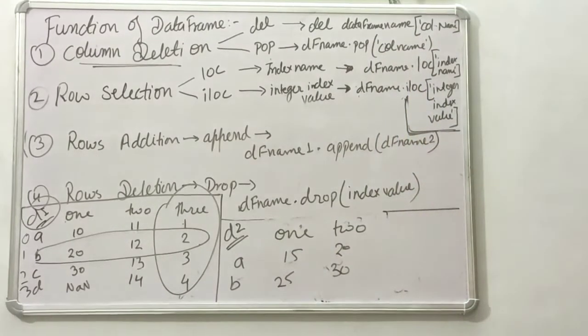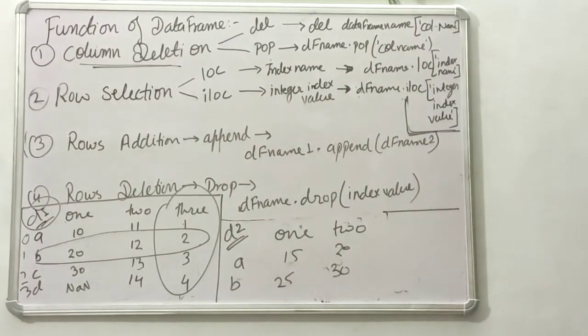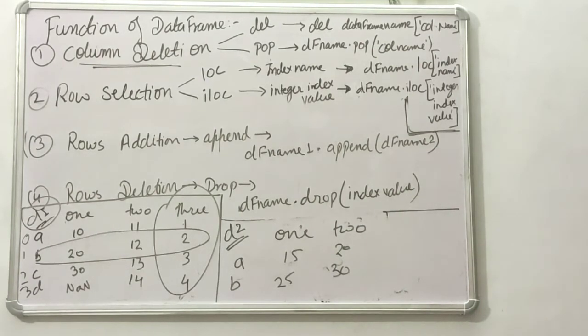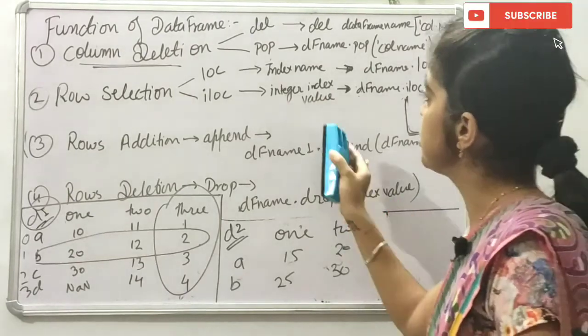Now if you want to add the D1 and D2 data frames, meaning if you want to add rows, then use the append function. How to use the append function?